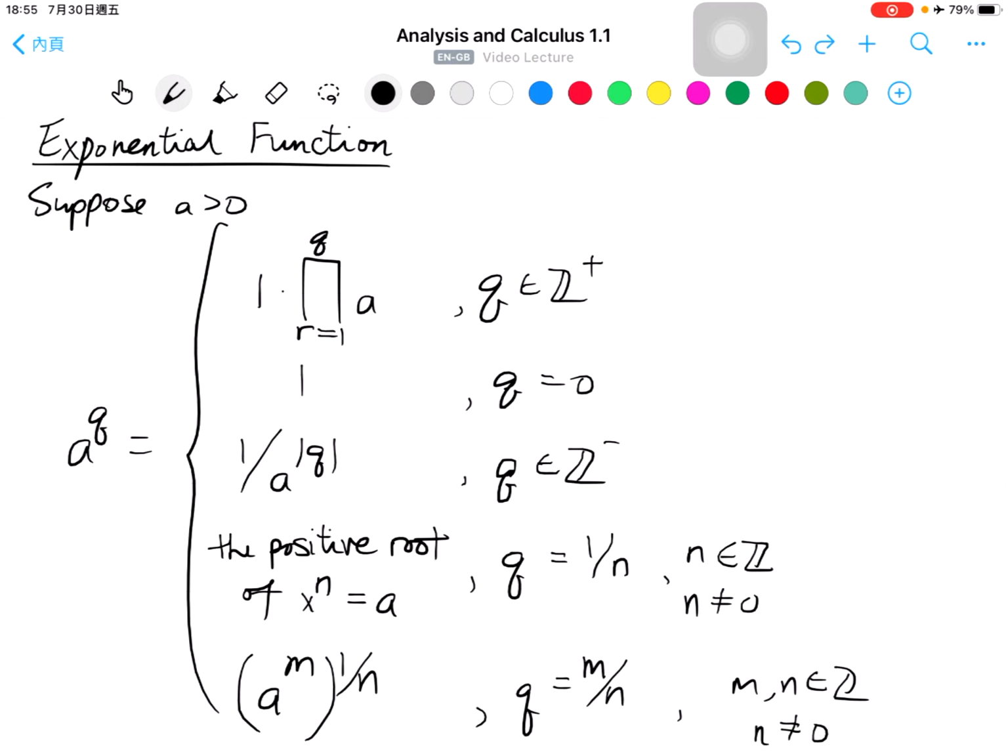So if we pick a positive irrational number, let's call it x for the moment, from 0 to x there's going to be an infinite amount of rational numbers.